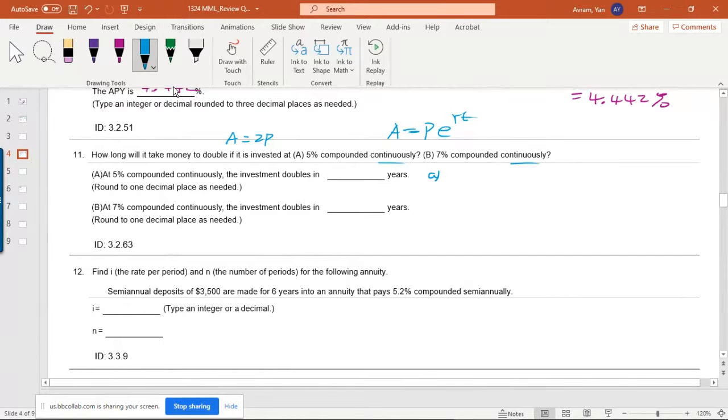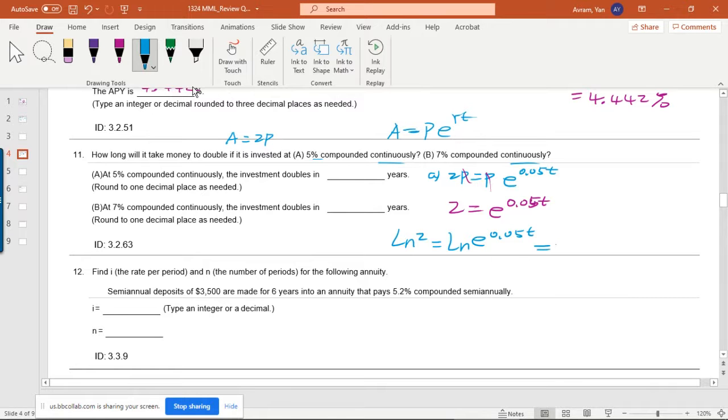Because if I have a compound 5%, my A is 2P, and then this is P, right? And the 5% is 0.05, and then this will be the t. And then you can see P and P cancel out. So I have 2 equal to e to the 0.05t. All right? In order to calculate this one, you will have to take a logarithm on both sides.